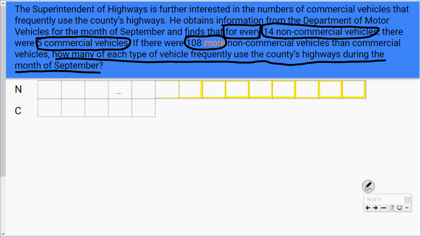So first thing you want to do is draw out your tape diagram, which it's already been done for you. Now this one's going to be kind of big because it's 14 to 5, but that's the simplest form. So you're going to have 14 boxes on top, and you're going to have 5 on the bottom.